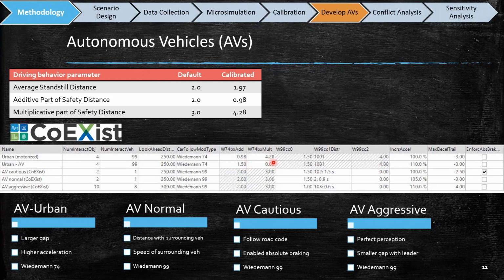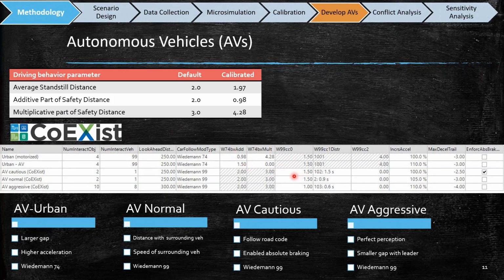If you compare these values with the other AVs in the system, the multiplicative part of safety distance is similar to other AVs, but we have 1.5, like the cautious one, for the safety distance, and for the standstill we also have 1.5.